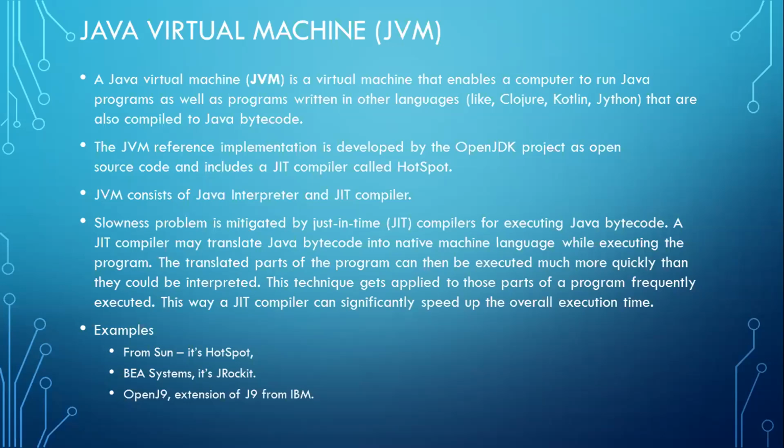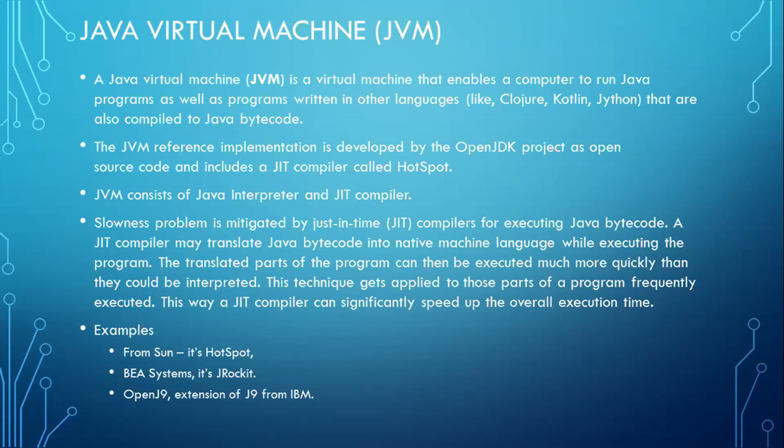Interpretation is slow in nature. It interprets line by line, unlike compilation. So it may slow down the entire execution of the Java program, but with the advancement of JIT compilation, slowly we are closing the gap between these two approaches.